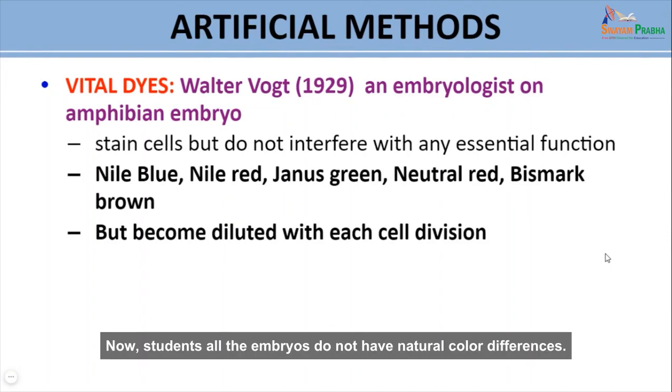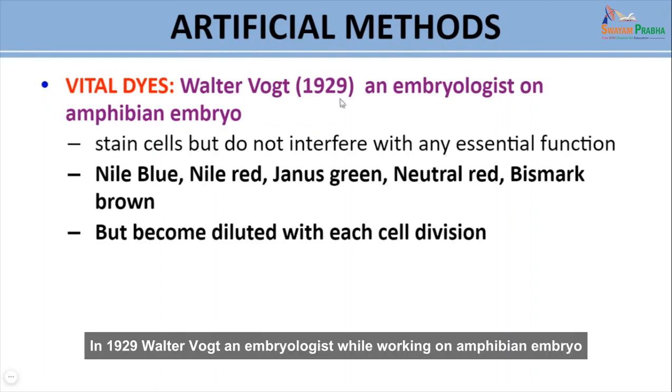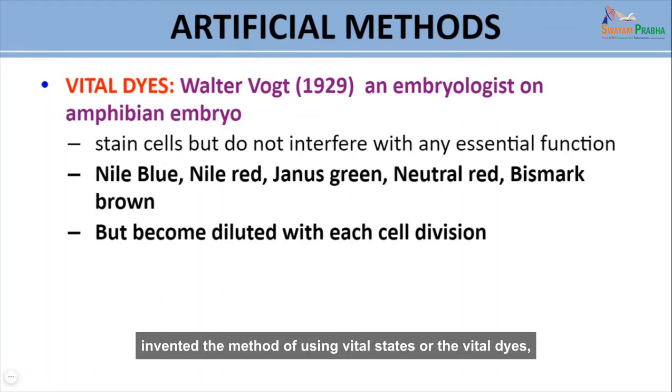Now students, not all embryos have natural color differences, so some artificial markers or labels are needed to study their progression in development. In 1929, Walter Vogt, an embryologist working on amphibian embryos, invented the method of using vital stains or vital dyes, which help in staining different parts of the embryo.